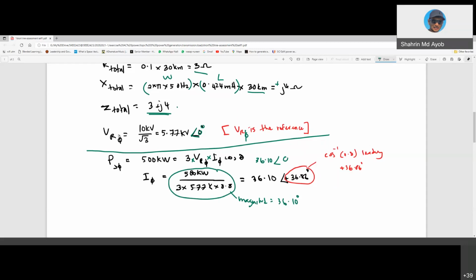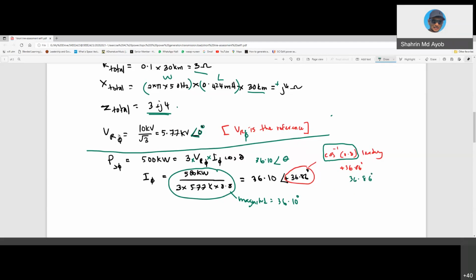The angle is the inverse of the power factor, which is 0.8. The inverse cos gives 36.86 degrees. But whether it is positive or negative depends on leading or lagging. If the power factor is leading, the current is leading the voltage.